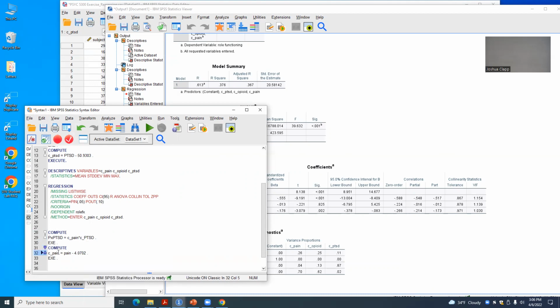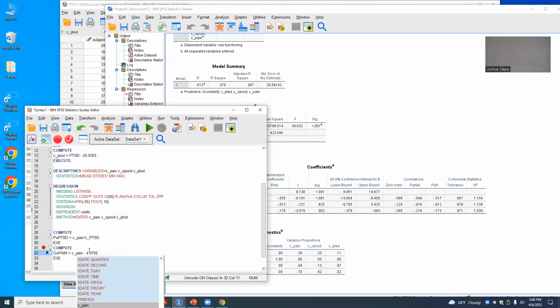And I'm going to want to add in opiate use times pain, so pain times centered opiate.